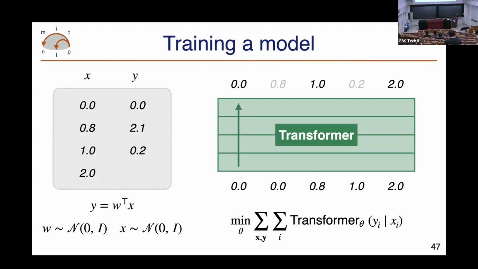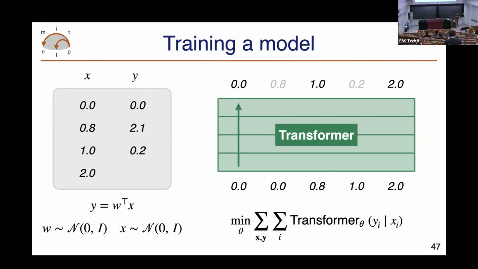So we're going to sample some weight vectors, we're going to sample some input vectors, and we're going to generate some y's using the weight vectors and the input vectors that we sampled. In particular, we're going to construct a data set of sequences, where each of these sequences was generated by a single one of these weight vectors.